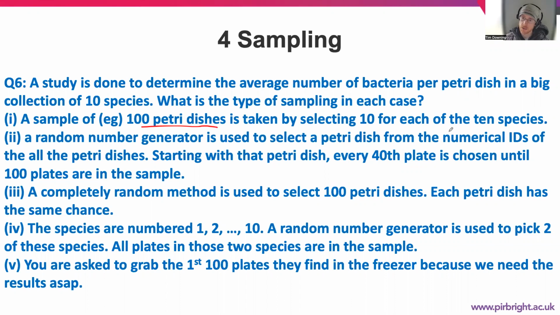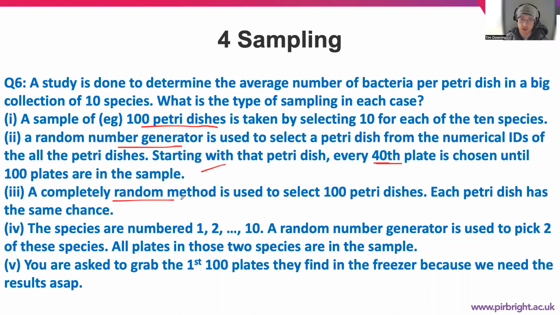So again, it's like our example for the infected and uninfected cells. If we use a random number generator to select a petri dish from the numerical IDs of all the petri dishes, starting with that petri dish, every 40th plate is chosen until 100 plates are in the sample. So that's systematic sampling because we're taking every 40th.